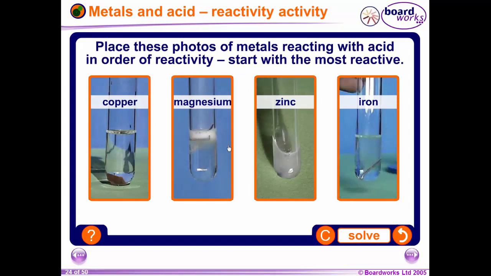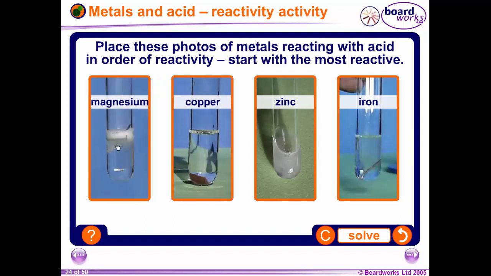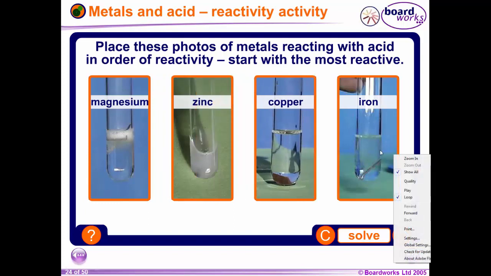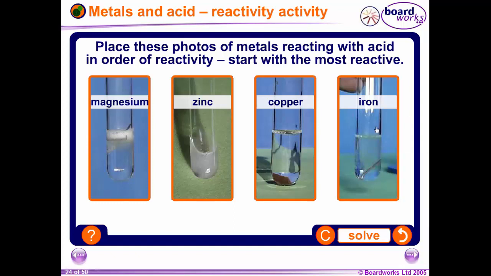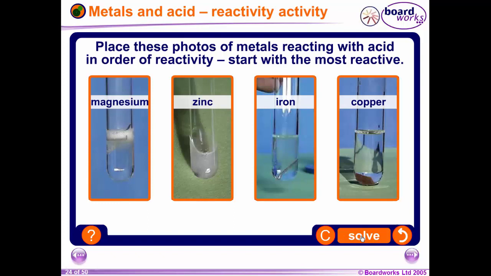I think the magnesium was very reactive. It was producing so much hydrogen it was floating. Then zinc, then iron, then copper. Should we solve? Correct.